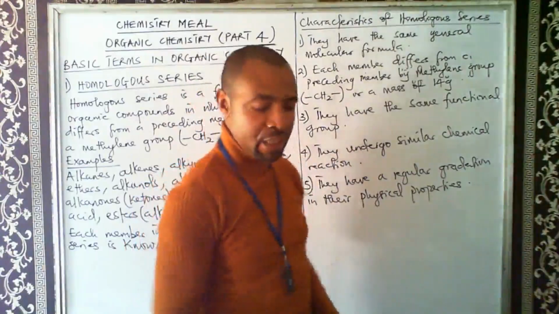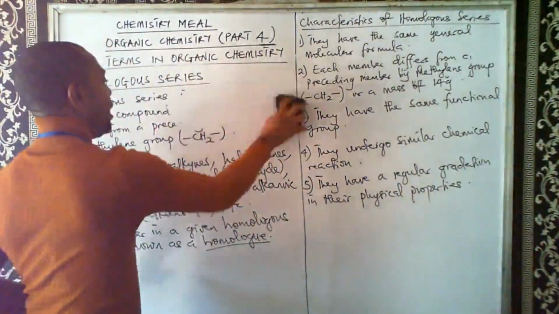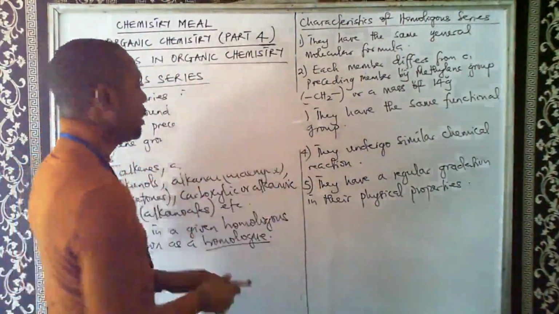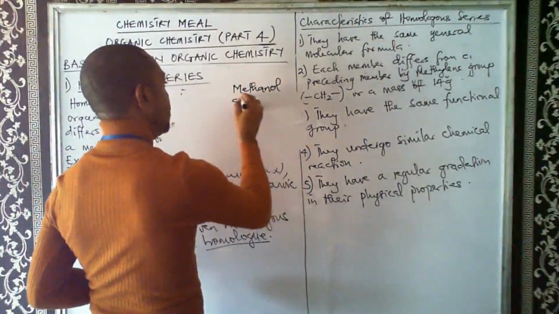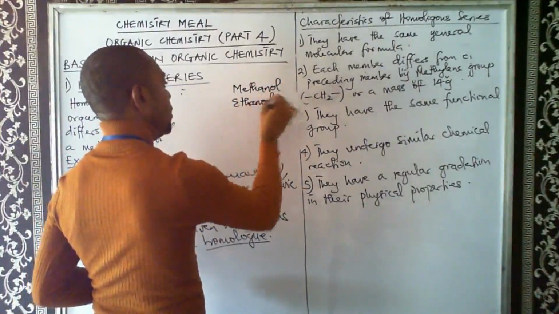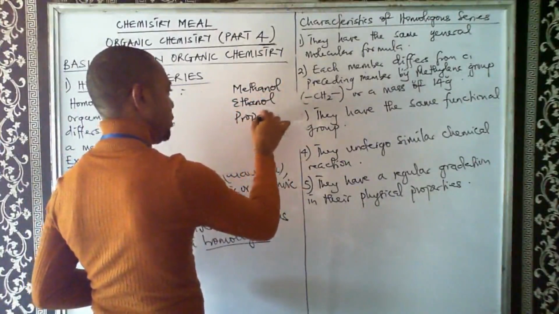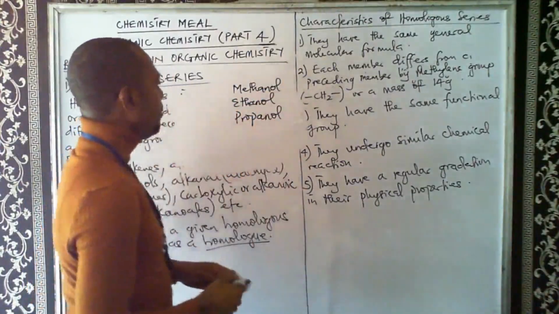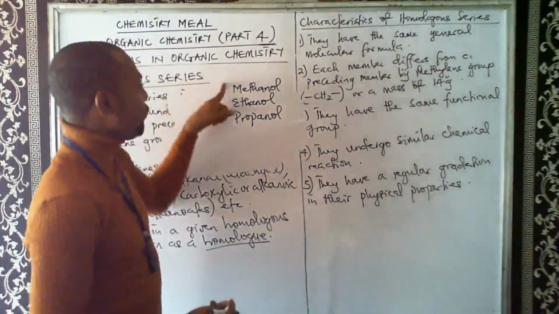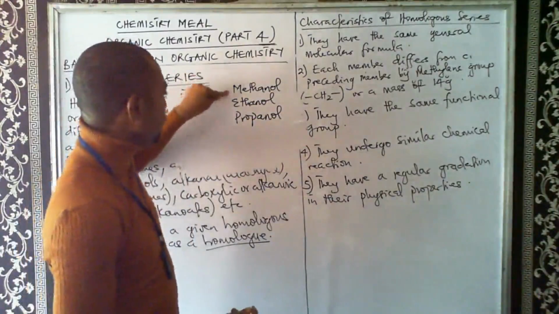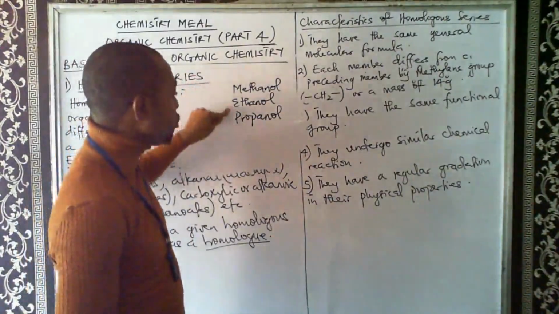In their physical properties. So if I have, for example, methanol, ethanol, propanol, these are members of the alkanol family. If we have any physical property that is increasing from here to here, it will continue to increase.